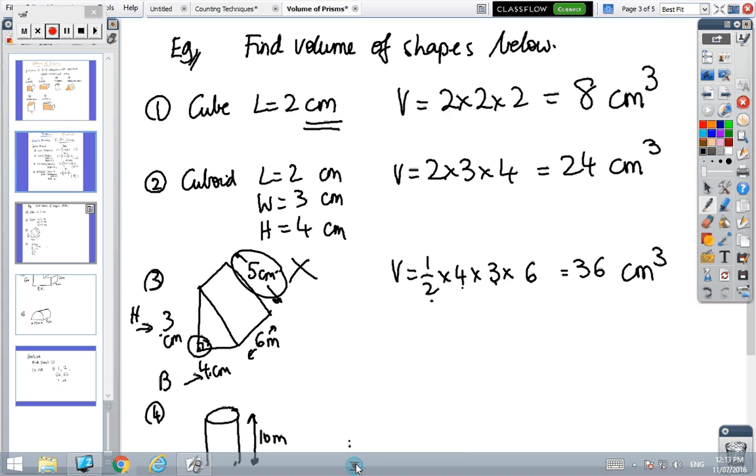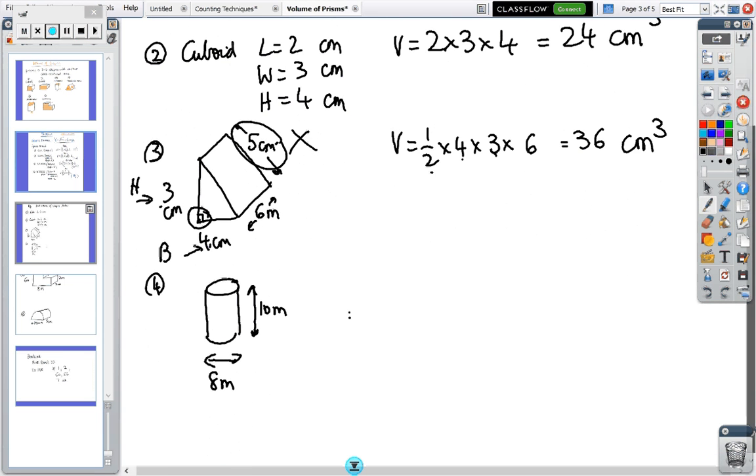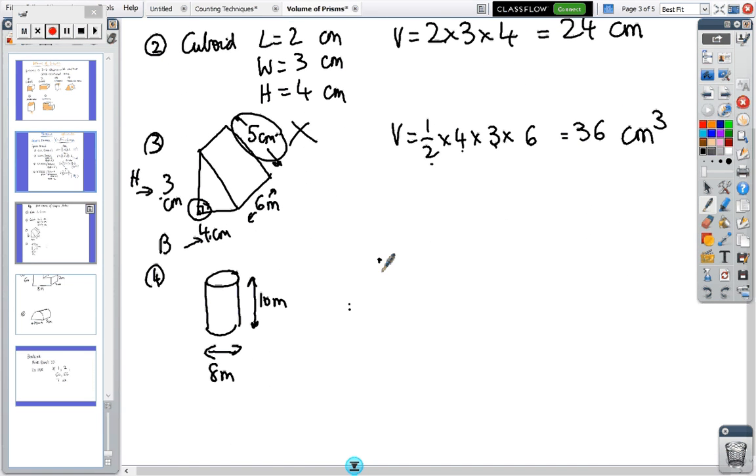Okay, so the next one, the cylinder, we've got volume equals pi times the radius. Now the radius is not 8, the radius is 4. So it's radius squared times the height.